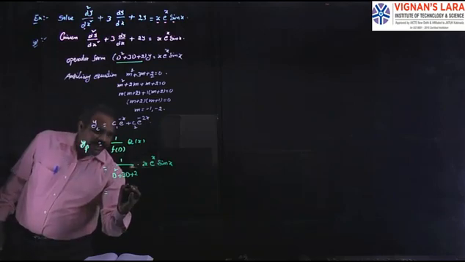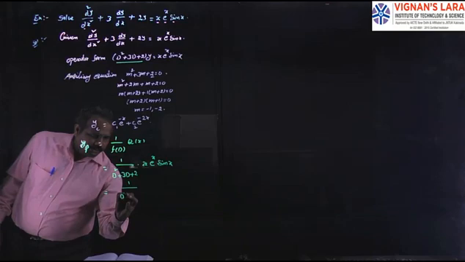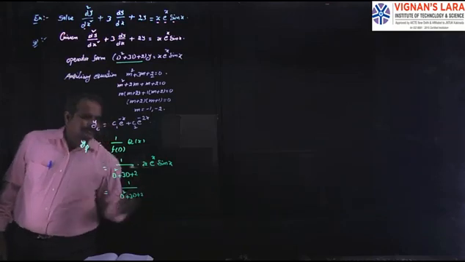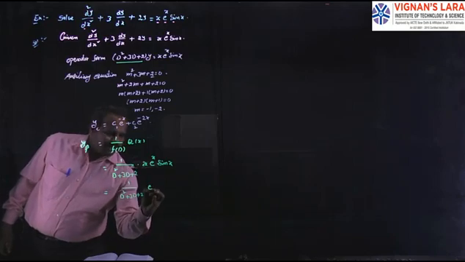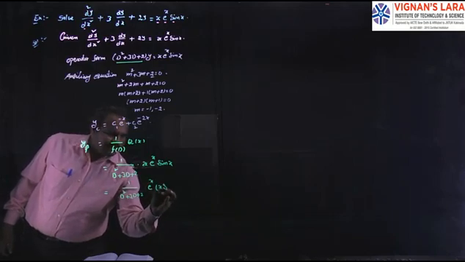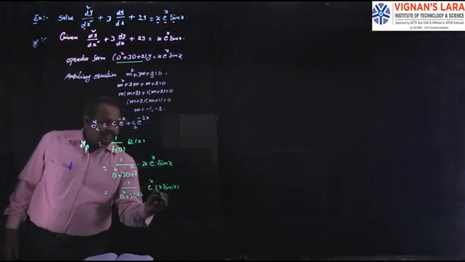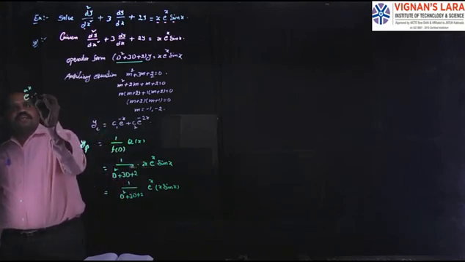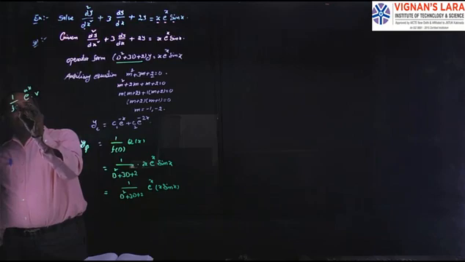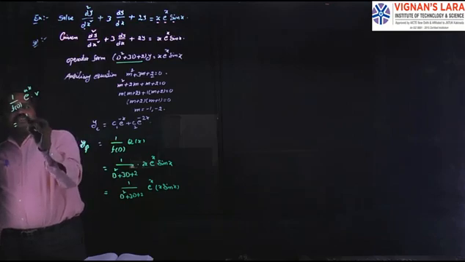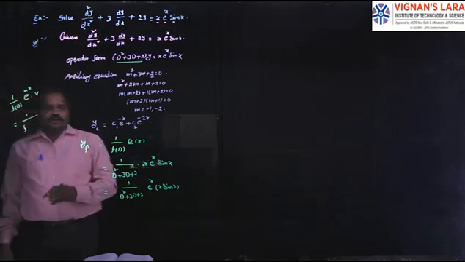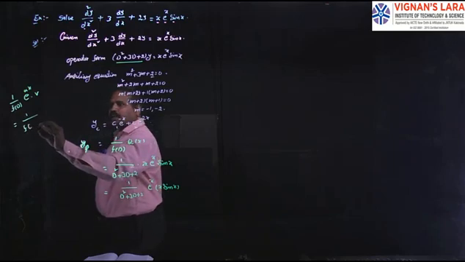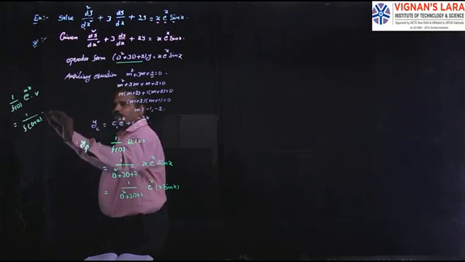Write this one as it is, 1 by d square plus 3d plus 2 into, here I am rewriting this one as e power x into x sin x. This is method 4. In method 4 what are we doing? For e power ax into some v, 1 by f of d can be written as 1 by f of d plus a into v.